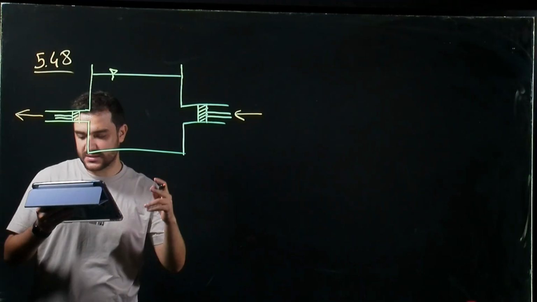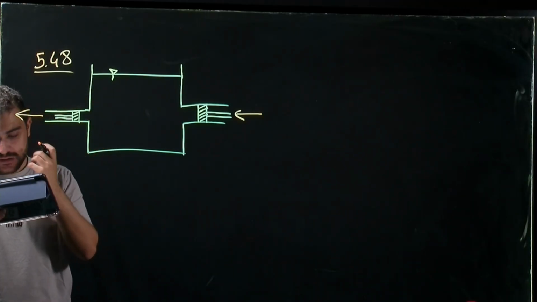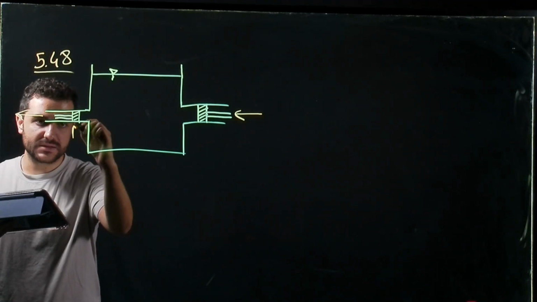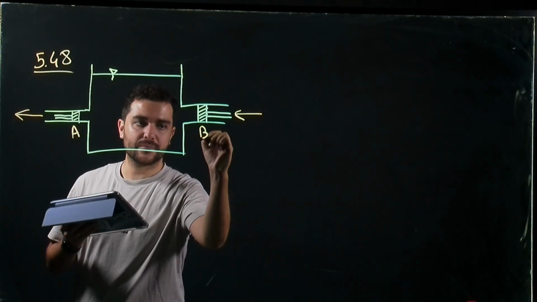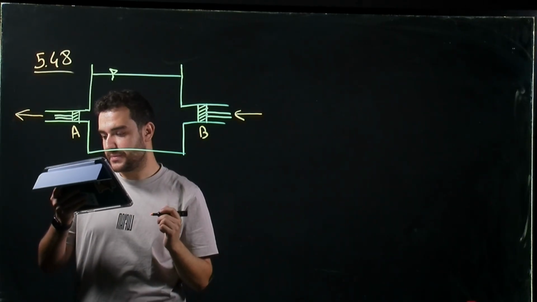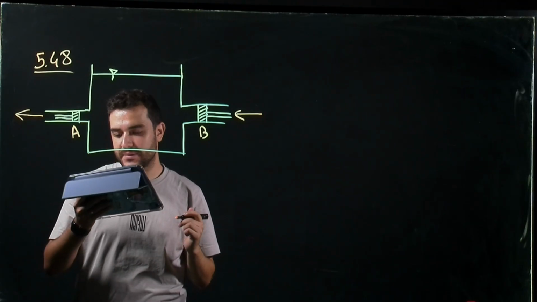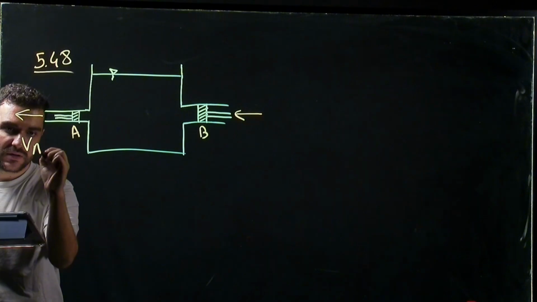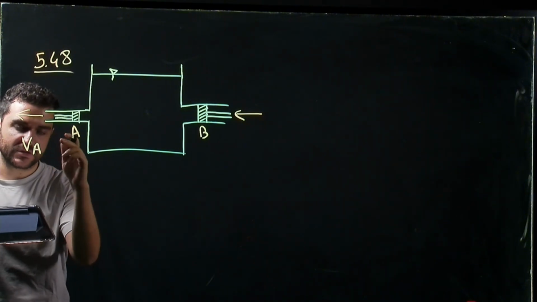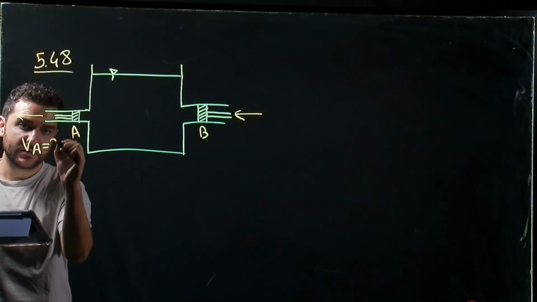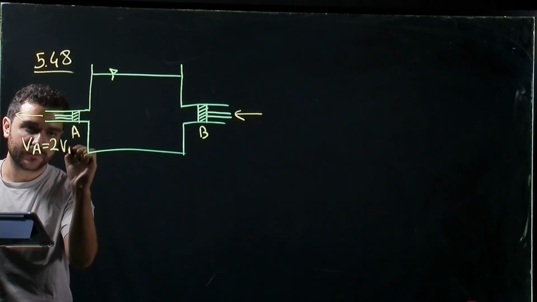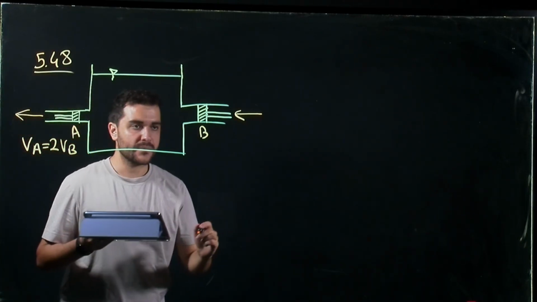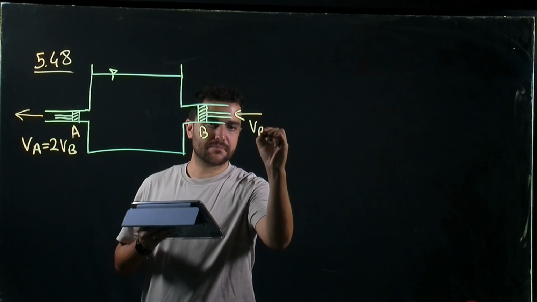So we have two pistons, they are going to the left. Piston A, which is this one, and this is B. Piston A has a speed twice as great as that of piston B. So this means that the velocity of A is double the velocity of B. And we have velocity B here.